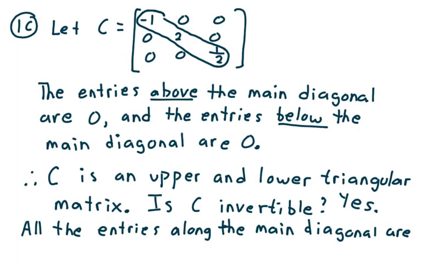Okay. And by the way, one thing to take note here is this satisfies the definition of a diagonal matrix. So C is also a diagonal matrix. And so getting the inverse of C is straightforward, and lots of things are more straightforward when you have a diagonal matrix.